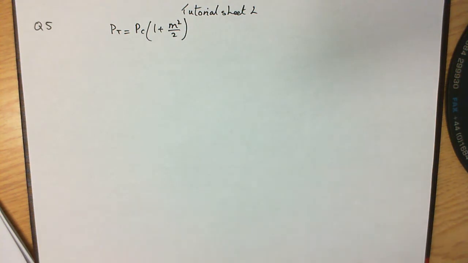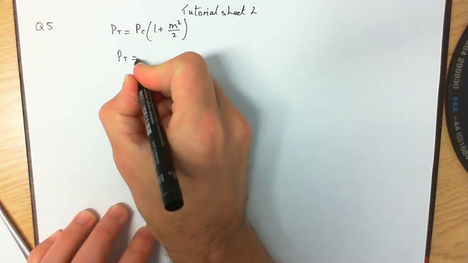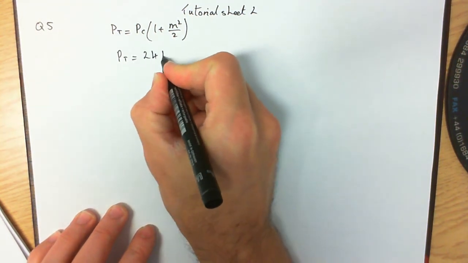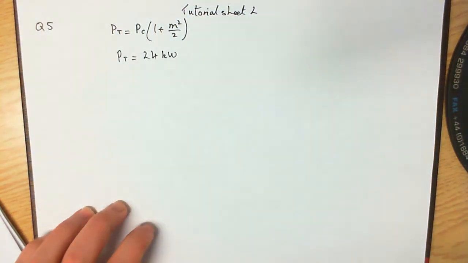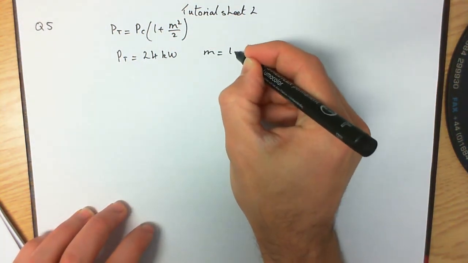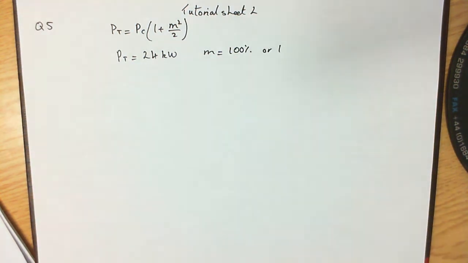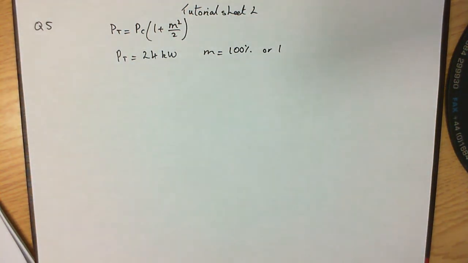We're quite familiar with it now, and what this is saying is that the total output power is 24 kilowatts, so PT is equal to 24 kilowatts only when M is equal to 100% or 1. So from that we can work out what the carrier power is.